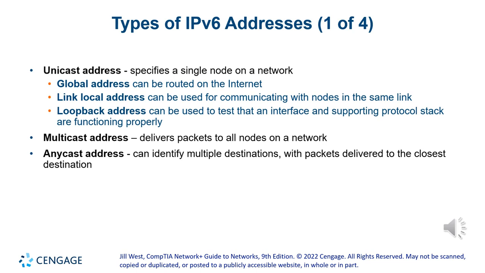You can have a loopback address. This is the same on both IPv4 and IPv6, and it is used for testing on an interface. A loopback means a way that you see yourself back on the network. If you want to test your connection, it's kind of like trying to talk and hear yourself. It says, oh yes, I'm talking because I can hear myself. That's a loopback: I send some traffic, and then I get it back again.